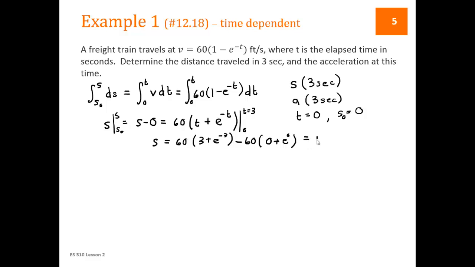And plug that into your calculator, you get 123 feet. So in 3 seconds, this freight train moves 123 feet.